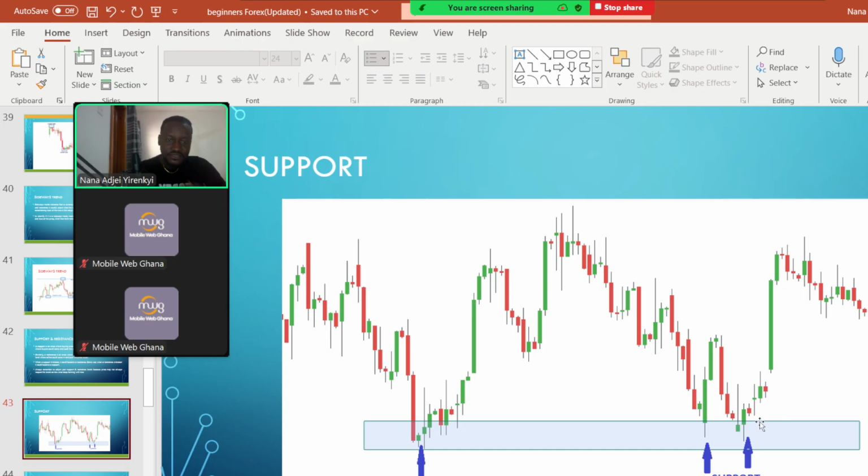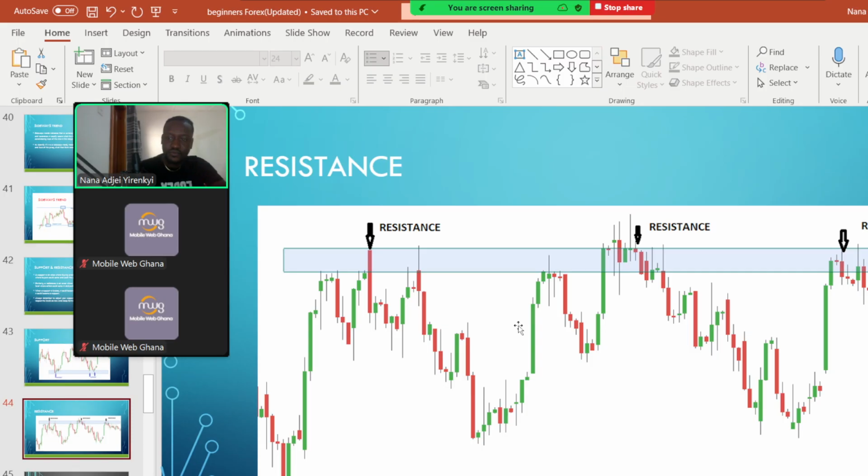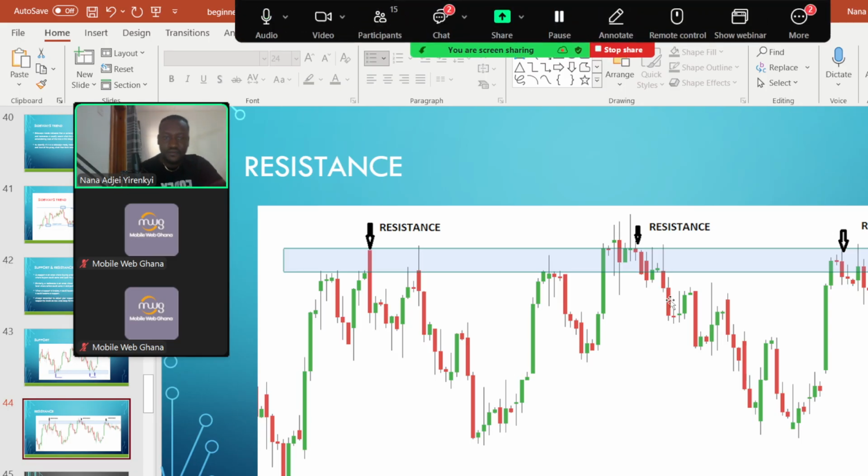Like I said earlier, you can have an instance where price will hit the support area and then break below, and then that support becomes a resistance. And this is a typical example of a resistance area. With the resistance area, we are talking about areas where selling pressure could step in, and when price hits a resistance area, there are certain confirmations you are going to look out for before price will start selling.